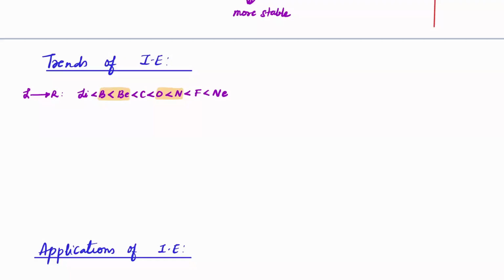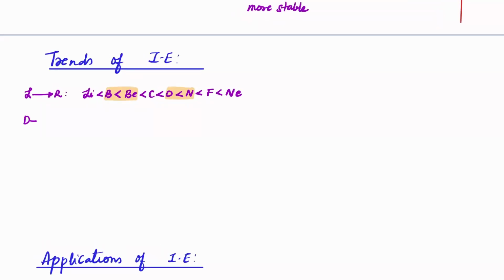Next, down the group. If you go down the group here, there is a regular trend only: lithium, sodium, potassium, rubidium, and cesium. Where are the exceptions if you go down the group?